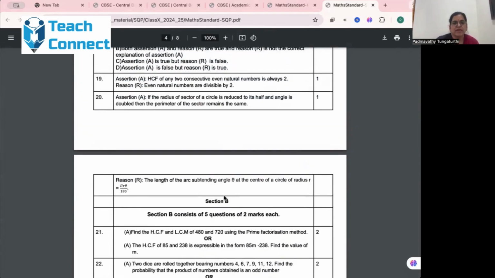If you take question number 20, assertion A: if the radius of a sector of a circle is reduced to half and the angle is doubled, then the perimeter of the sector remains the same. Reason: the length of the arc subtending angle theta at the center of a circle of radius r is pi r theta by 180.